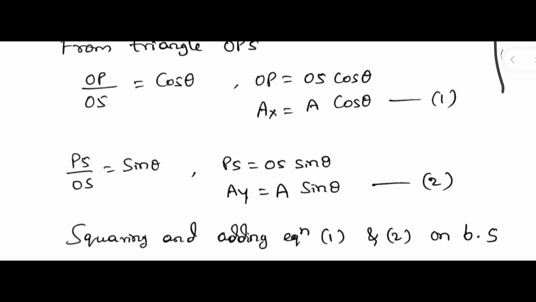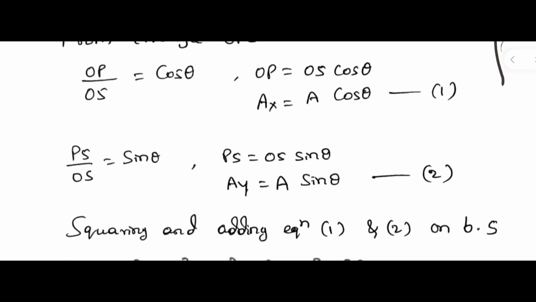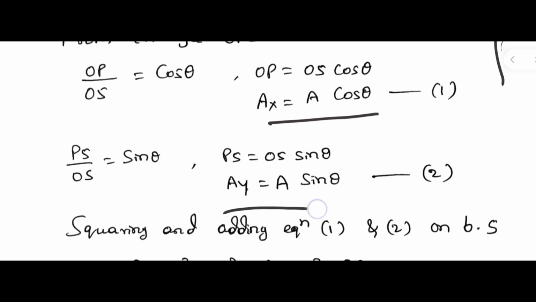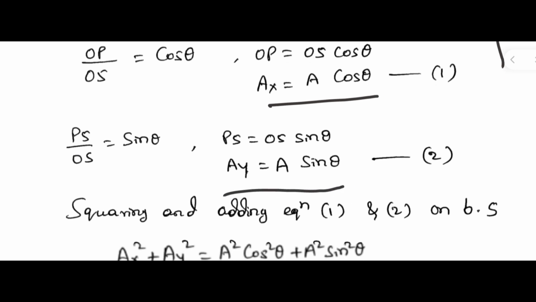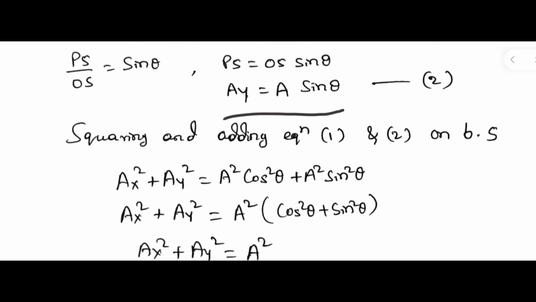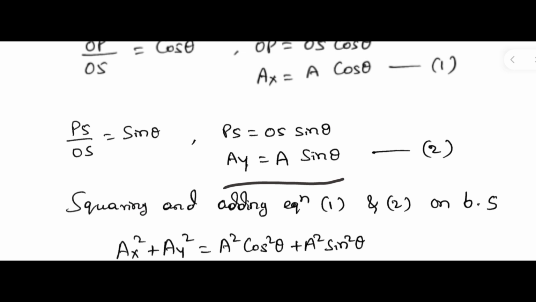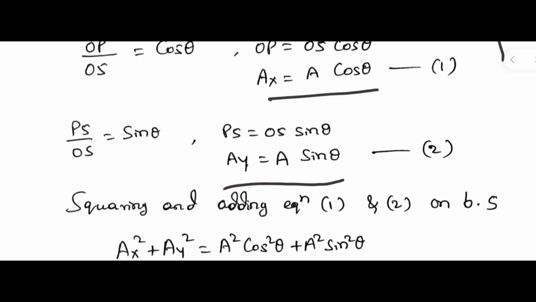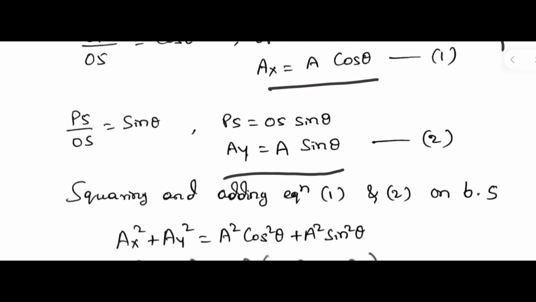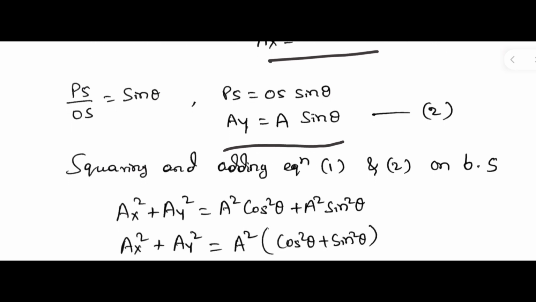Now we square and add equations 1 and 2 on both sides. Ax squared plus Ay squared equals A squared cos squared theta plus A squared sin squared theta.